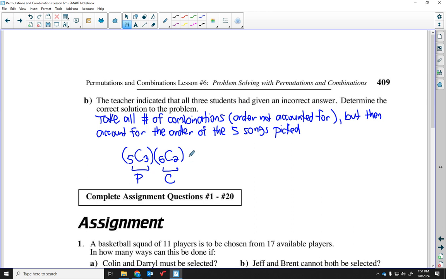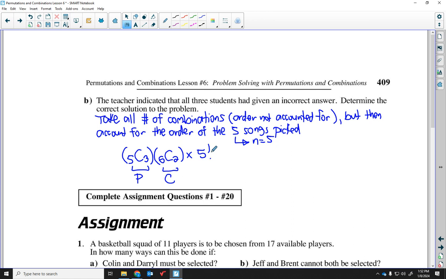Now, after we've calculated the number of combinations and I have the 5 songs, I can figure out the number of different ways we can organize 5 songs. If you have n elements and you just want to find the number of arrangements for them, you multiply by n factorial. So we've picked n equal to 5 songs, and then we would multiply by 5 factorial. We took a combination which didn't account for order, and by multiplying by 5 factorial, we are accounting for order.